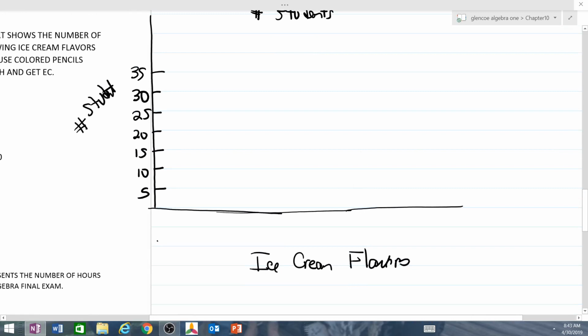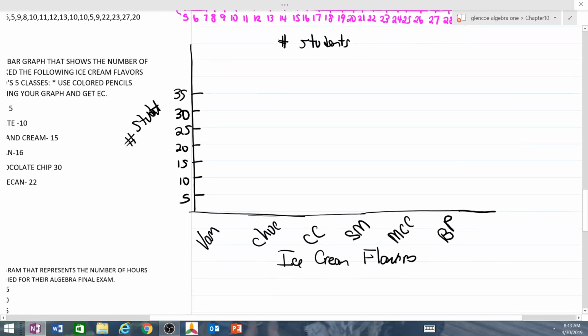So the first one was what? Vanilla. Then we had what? Chocolate. Then we had cookies and cream. Then we had what? Superman. Then we had mint chocolate chip, and then we had butter pecan. And so I just went ahead and abbreviated it. Are you all with me?